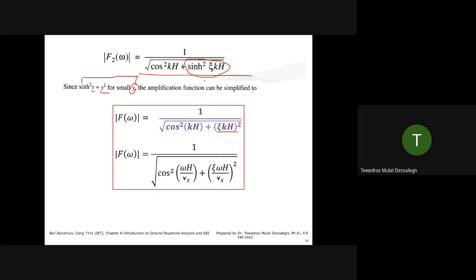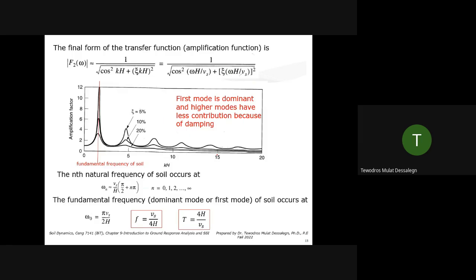Now let's see the graph of this transfer function. If you plot the amplification factor for this transfer function with respect to kh, you'll have the first mode, second mode, third, fourth, it continues. You'll have several modes, but see how the other modes are disappearing.